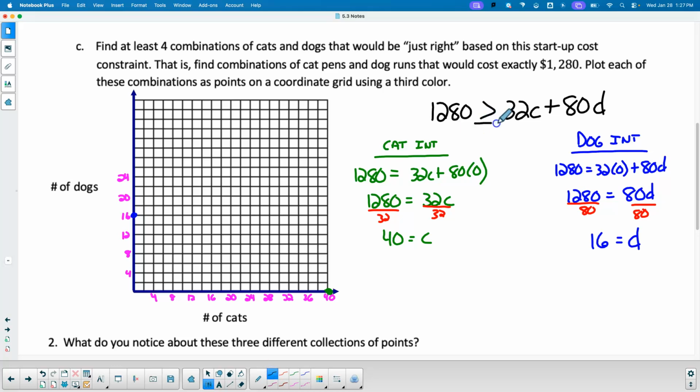So that means what changes with my line then? Instead of it being dashed, now it's just solid, right? Just regular old, yep.